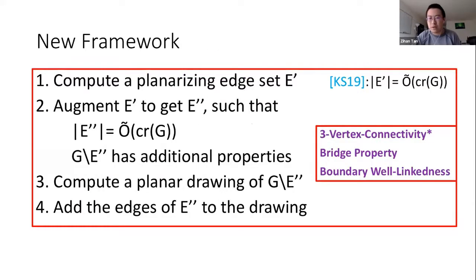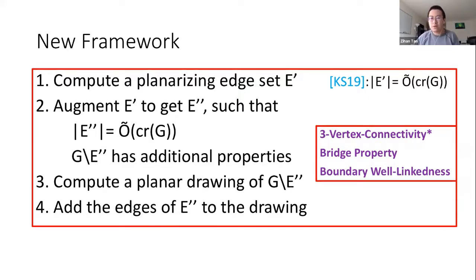So our new framework is a modified version of the old framework. It consists of 4 steps. The first step is still to compute a planarizing set E prime. In fact, we can use the algorithm proposed in the Kobayashi and Sidiropoulos paper in 2019 that computes a planarizing set with size approximately CRG.